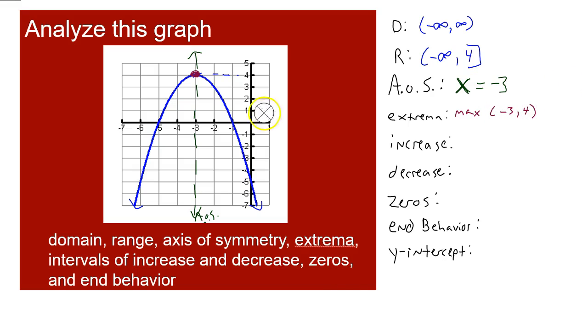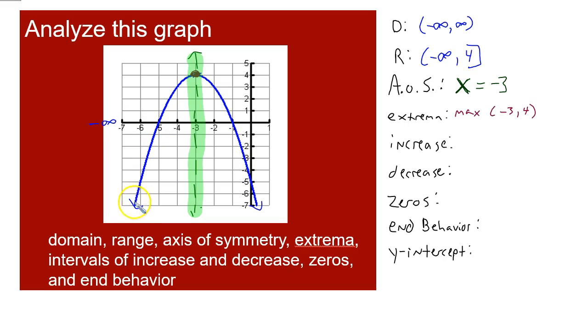Now, let's clean this up just a little bit. I'm going to keep this line here. Maybe I'll change it to be kind of like a green line there. Okay. For increasing and decreasing intervals, I'm going to use x values. So if I'm coming from the left, I'm coming from negative infinity.